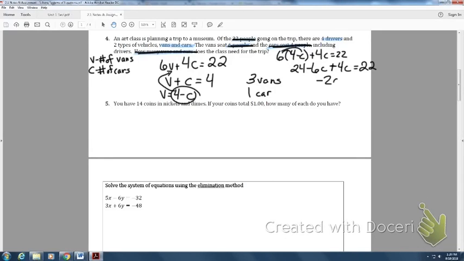Combine my like terms. I'm also going to subtract 24. Negative 2 divided by negative 2 is 1. I can plug that back into the V plus C equation. And 4 minus 1 gives me 3. Sorry.